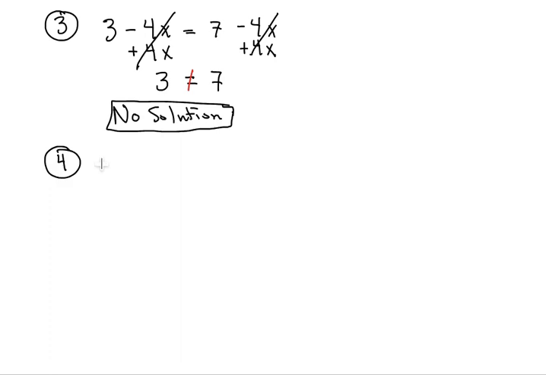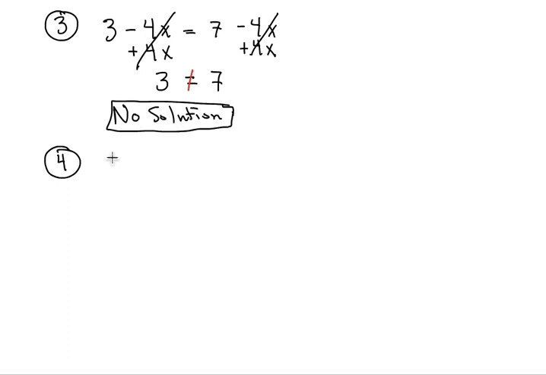Our fourth example is a much more complicated one, and I almost saw that there was something funny here. So don't freeze, just do what you normally do in solving equations, getting x on one side by itself.